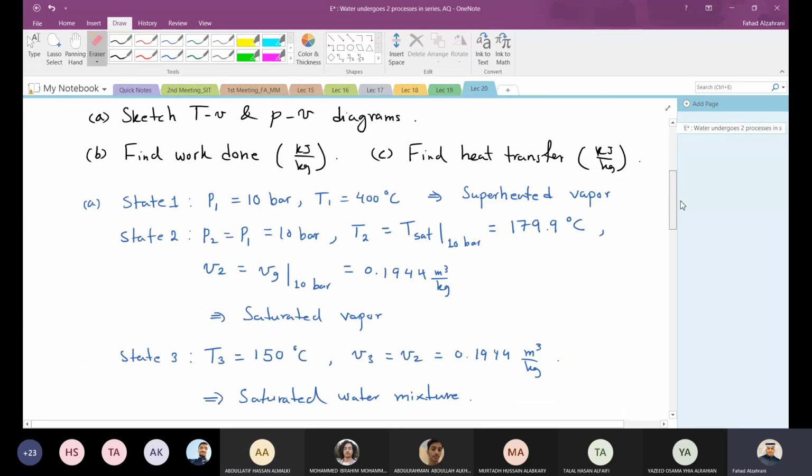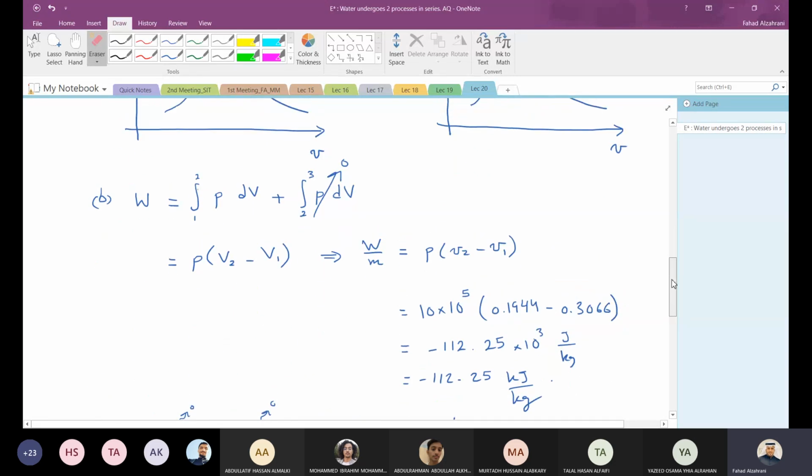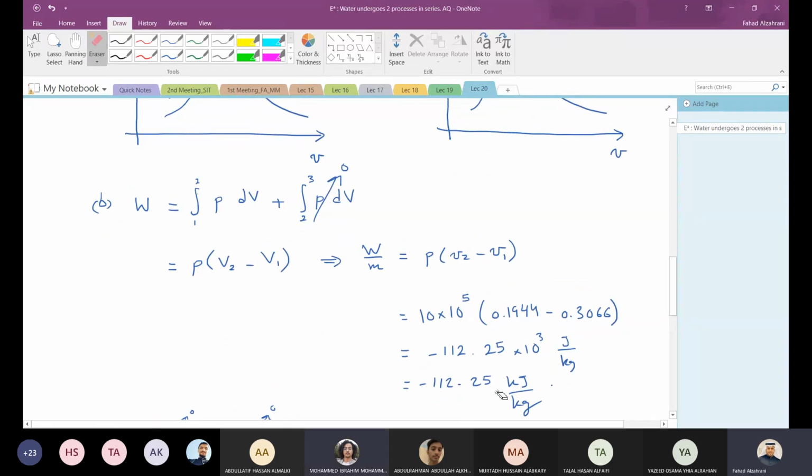That means it's work done on the system. The work is done on the system, and our convention is that positive work is done by the system, negative is done on the system. So this agrees with our convention, and with our problem, since we are compressing the water as we cool it. So this is negative work, which means it's work done on the system, which is correct. So our solution must be correct.